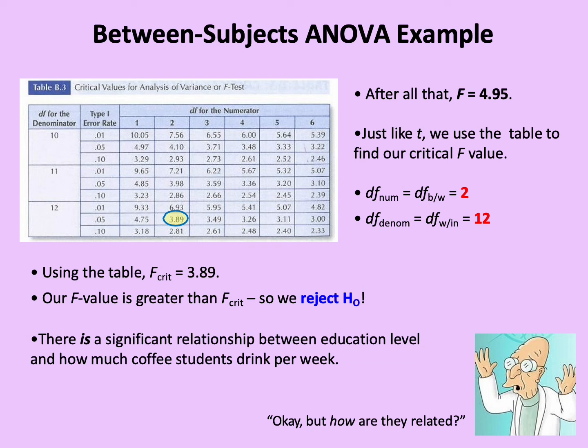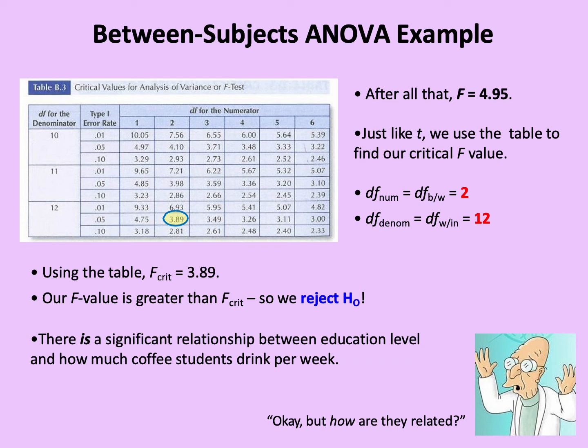And just like with the t-tests, our rule is that if our obtained statistic of 4.95 is greater than our critical value of 3.89, then we can reject the null hypothesis. So it falls within the rejection region, which means p is less than 0.05, and we can reject the null hypothesis. So what does that tell us? It tells us there is a significant relationship between education level and how much coffee students drink per week.